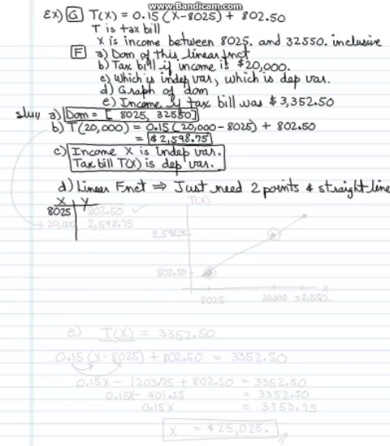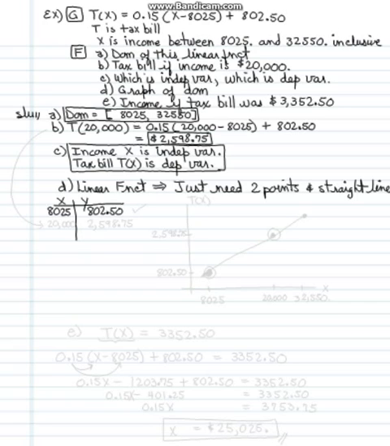If you plug it into the equation, 0.15 times X minus 8025 plus 802.50, what happens in the parentheses? 8025 minus 8025 gets to be 0 times 0.15. The whole thing goes to 0 there, and then all that's left is the stuff added at the end, and that will be your T of X, in other words, your Y value, 802.50.